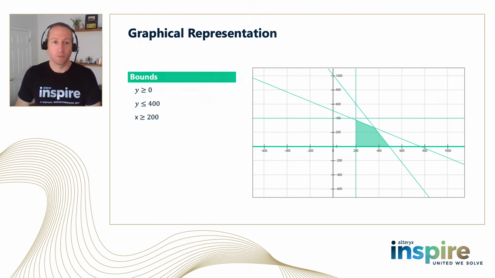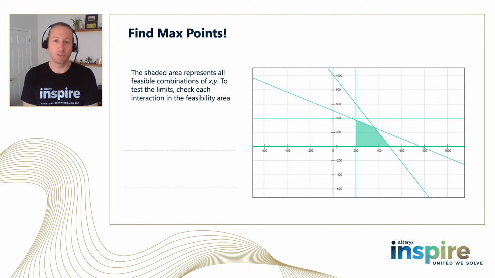But we can confirm that, which we're about to do right now. So let's find the combination of pants and jackets that we need in order to maximize our revenue. Again, that shaded area is all possible. Those combinations are feasible for pants and jackets.